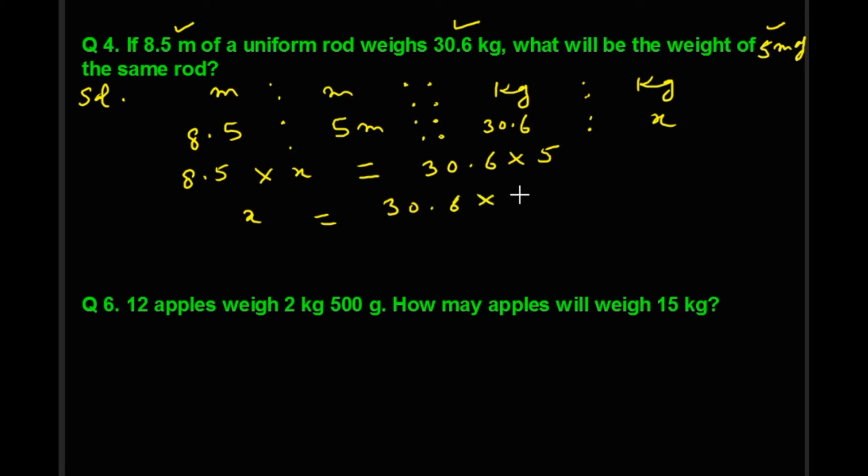So x would be 30.6 multiplied by 5 upon 8.5. Here the number of decimal places are the same, so we can neglect the decimal.